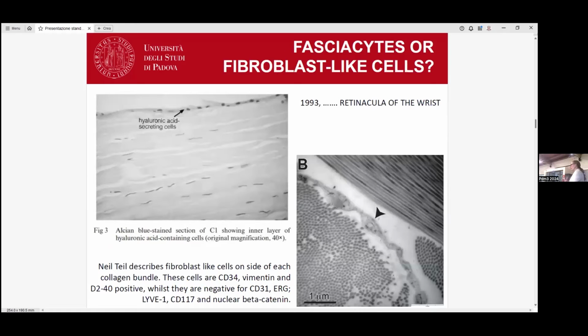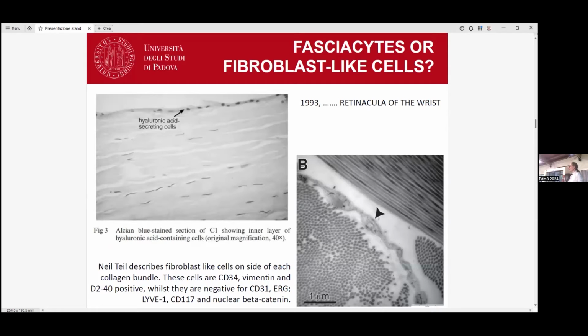And we are not the only ones that found the fasciacytes. Still in 1993, there was a paper that published this line of hyaluronic acid secreting cells in the wrist retinacula.